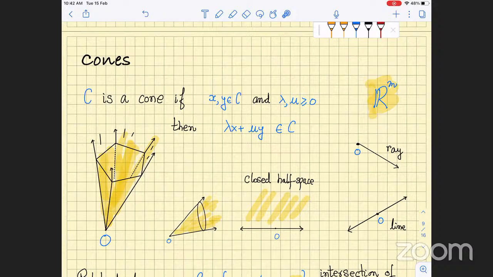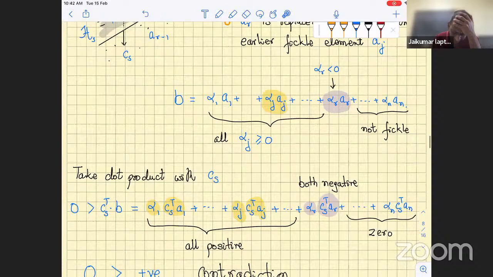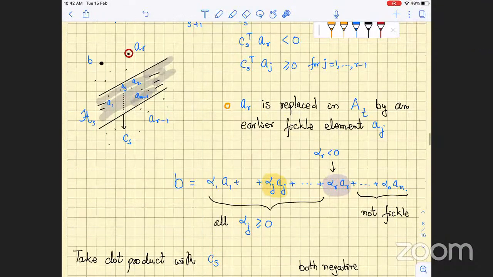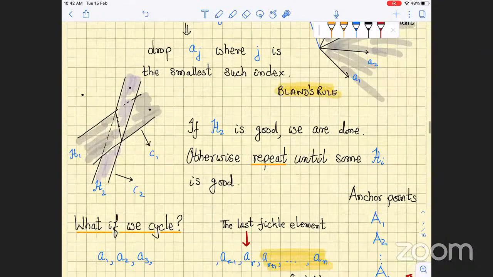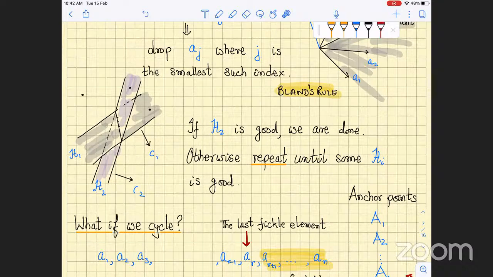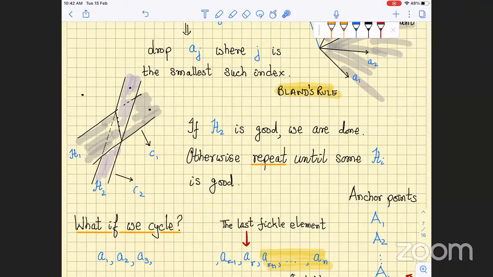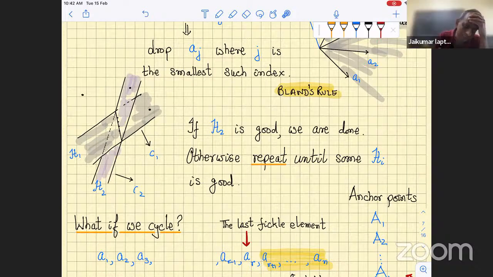So, for example, if we apply this to Farkas lemma, would this say that if Ax equals B, x greater than or equal to 0 does not have a solution, then the other system will have a solution where y is a linear combination of the rows or something like that? Yes, I'll have to think, but something like that. There are many versions of Farkas lemma, but we can go over it.